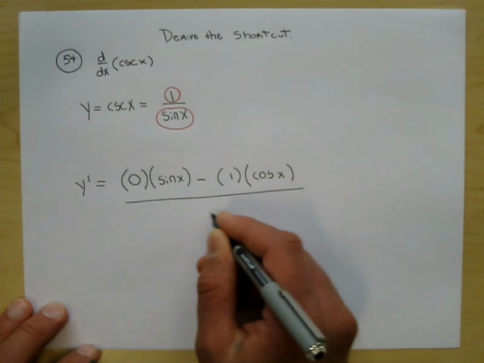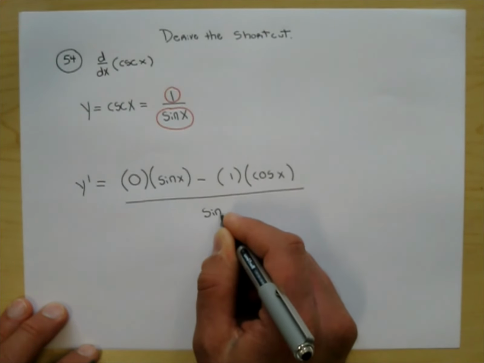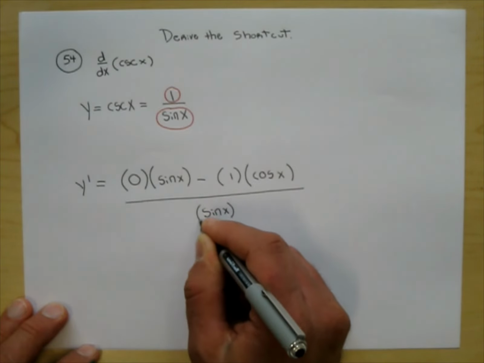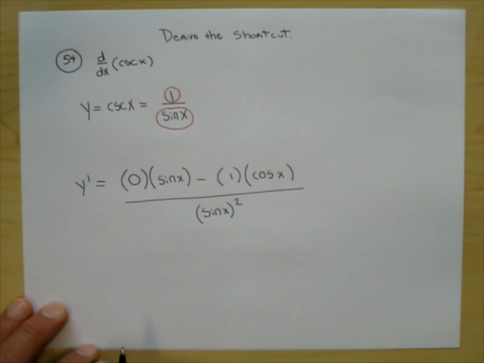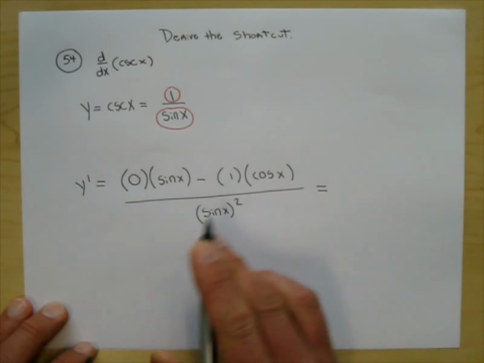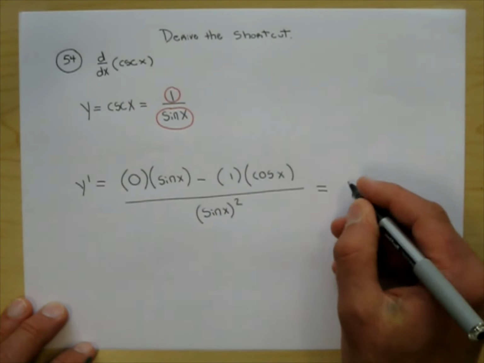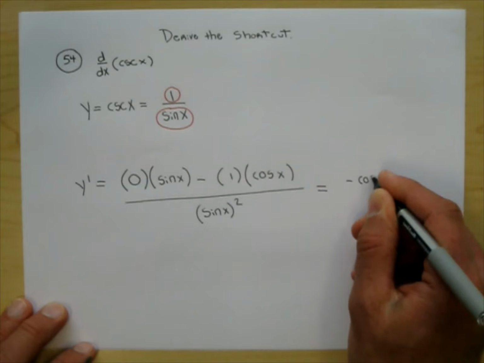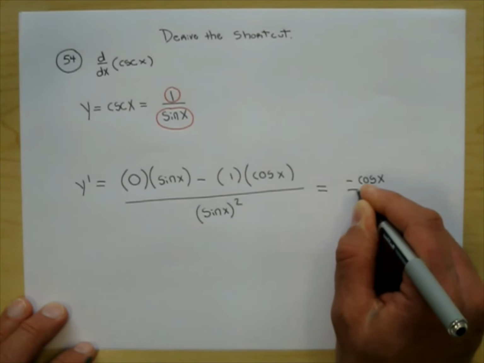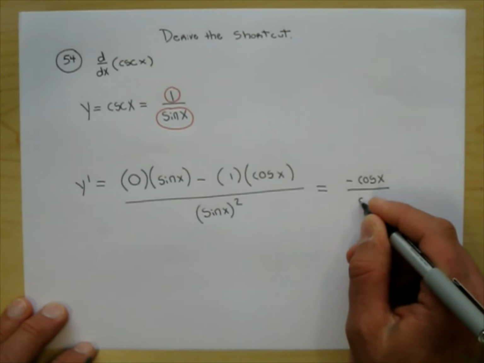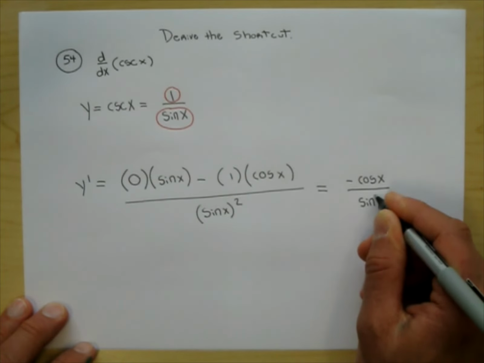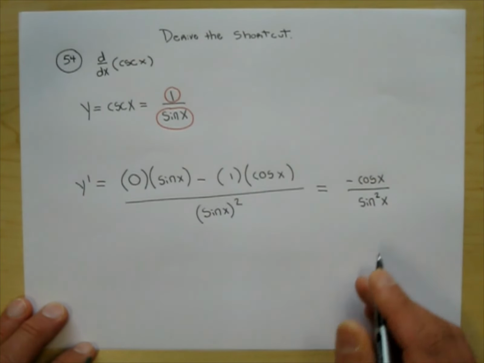This is all over the bottom squared. Let's see what we get here. This is 0. So on the top I have negative cosine x, all over sine squared x.